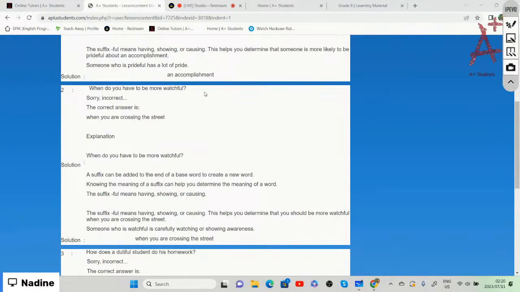So, we can basically be more watchful when we are crossing the street, right? Because remember, when you're crossing the street, you look left, you look right, you look left again. So we need to be more watchful when crossing the street. And someone who is watchful is carefully watching or showing awareness, right? You are aware of what's happening around you.